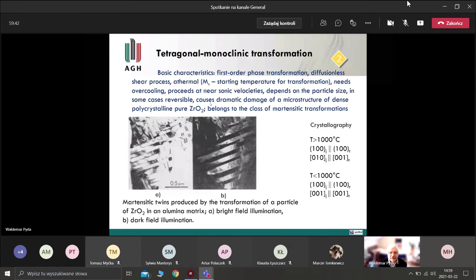Okay, and no diffusion means what are the distances of movement of atoms during the martensitic transformation, during the tetragonal to monoclinic polymorph transformation? What distances, in your opinion?